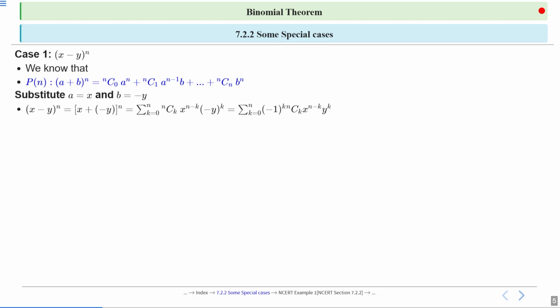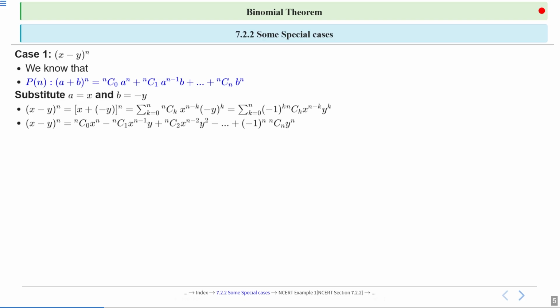This can also be written as x plus minus y whole to the power n, and we can write this as the sum from k equal to 0 to n of n choose k x to the power n minus k times minus y to the power k. Okay, and you can also write it as summation from k equal to 0 to n of minus 1 to the power k, n choose k, x to the power n minus k into y to the power k.